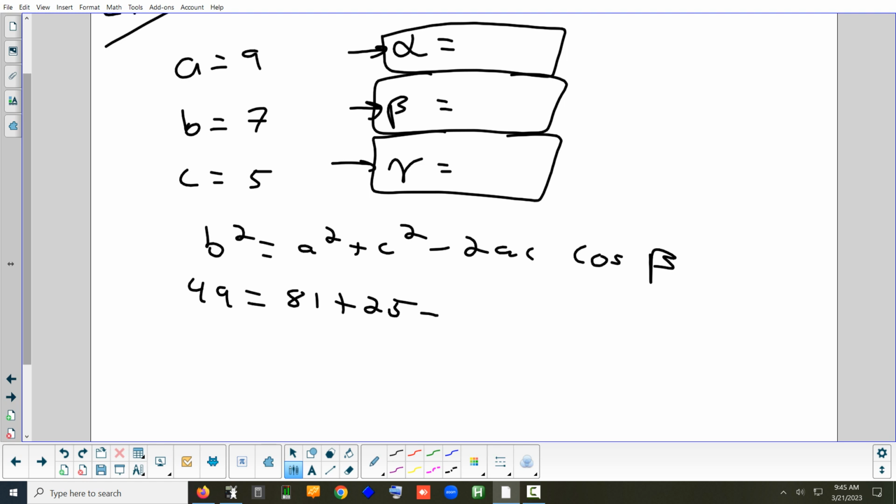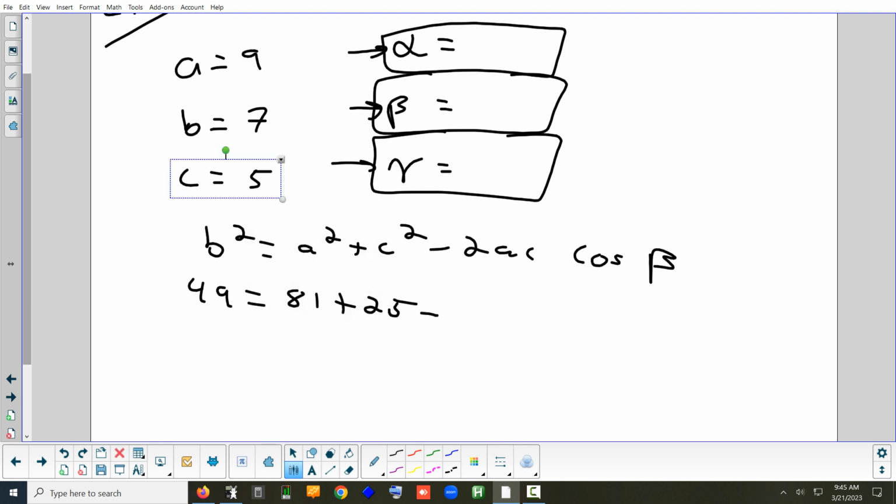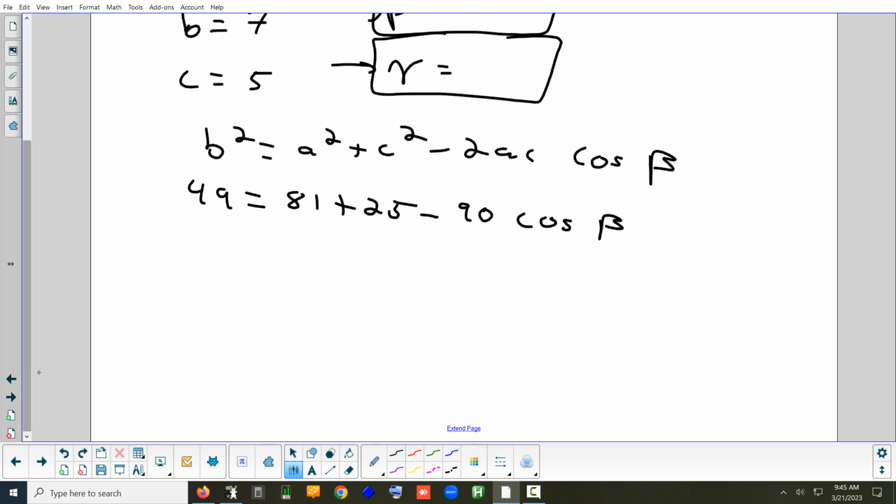Let's do 2 times C times A. What's 2 times 5? 10 times 9. 90. So that's 90 cosine beta. Okay, combine like terms. What's 81 plus 25? 106.